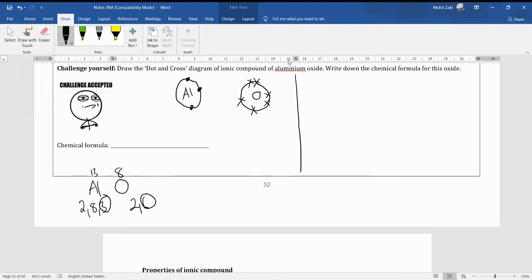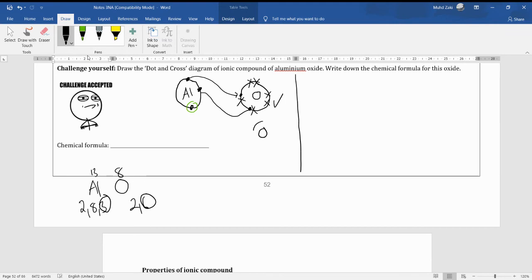Oxygen here has 2 spaces, so you can give 1 here and 1 here, then oxygen is settled. However, aluminium still has 1 more. As I said just now, you can add atoms to play around.